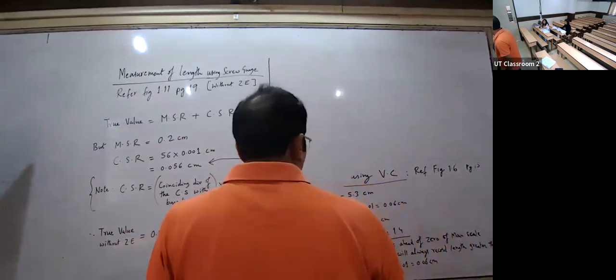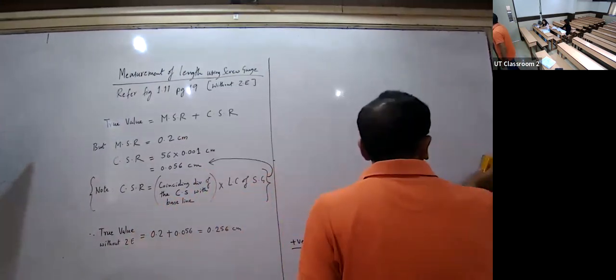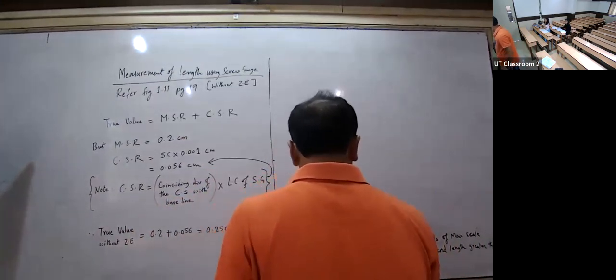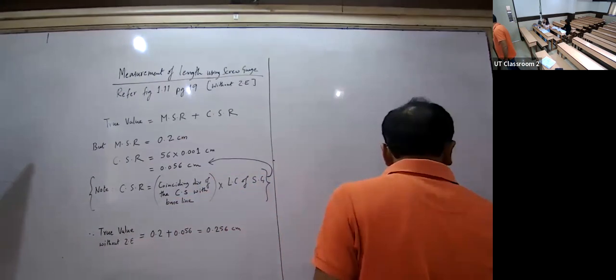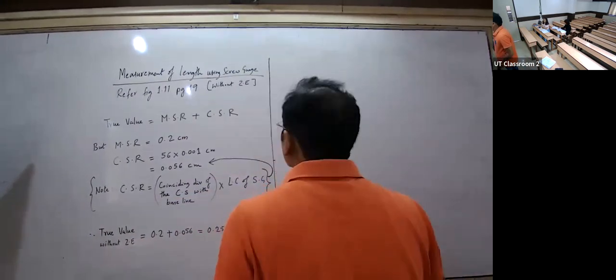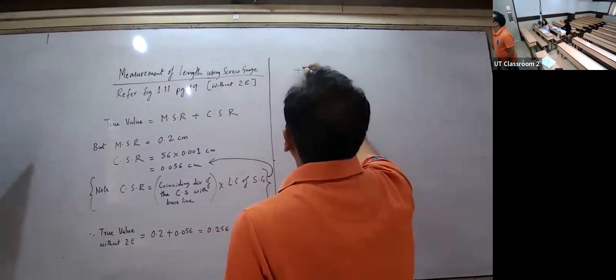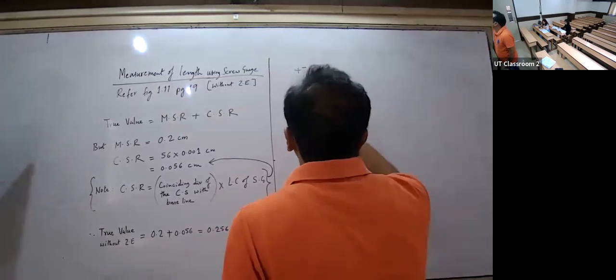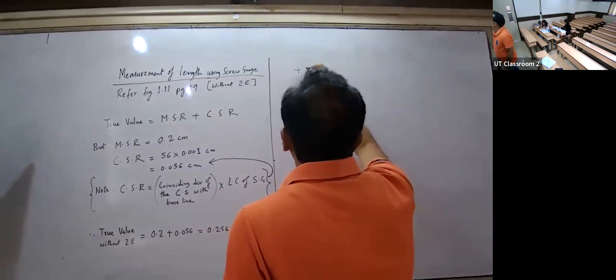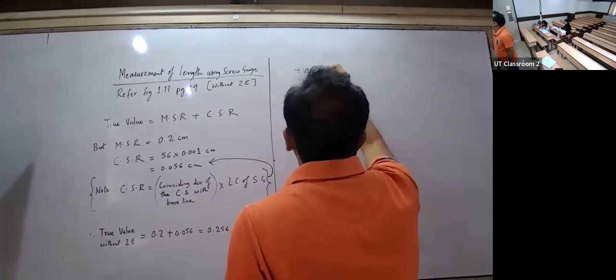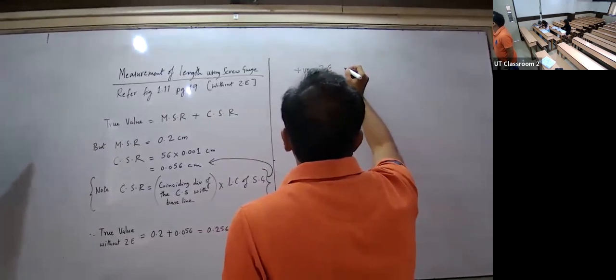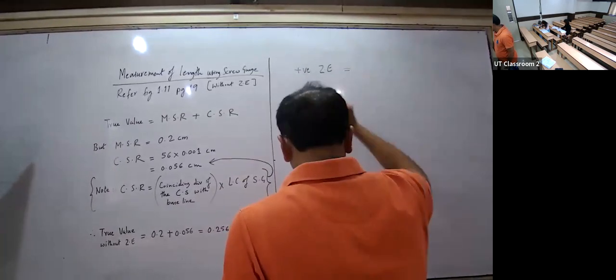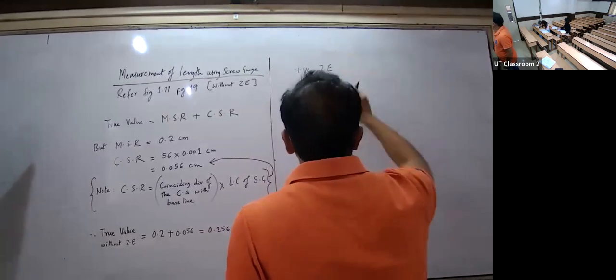That's this. Let's convert the positive zero error. So which diagram will you remember in this case?